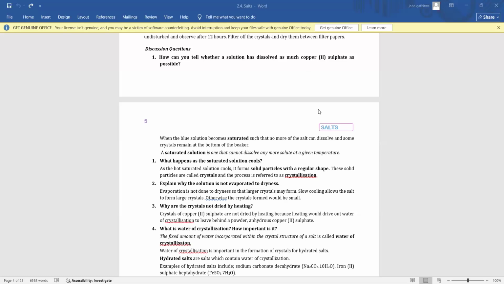Joseph? Warm water. Adding warm water to the mixture. What will dissolve? What will not dissolve?